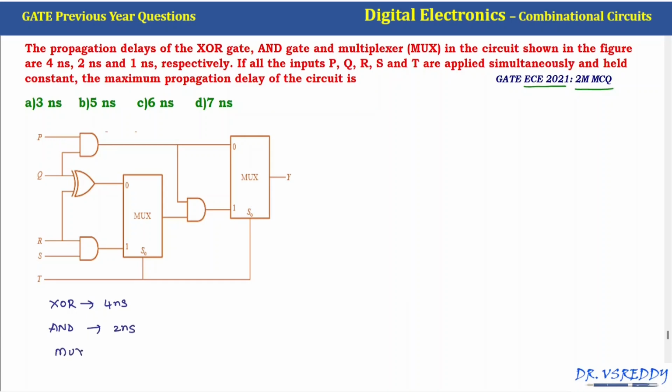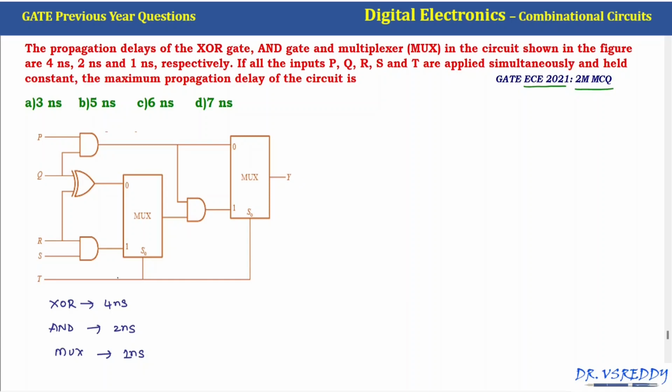All the inputs P, Q, R, S and T are applied simultaneously and held constant. The maximum propagation delay of the circuit is? So we need to find how much time the circuit takes to get the output Y.